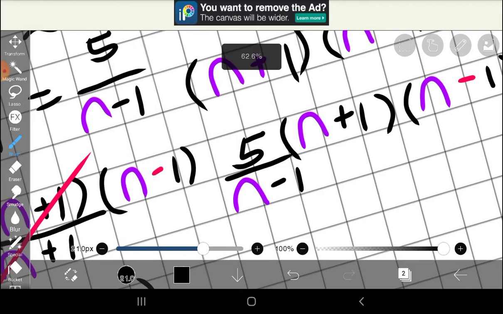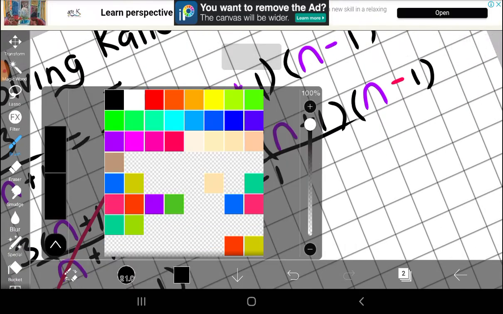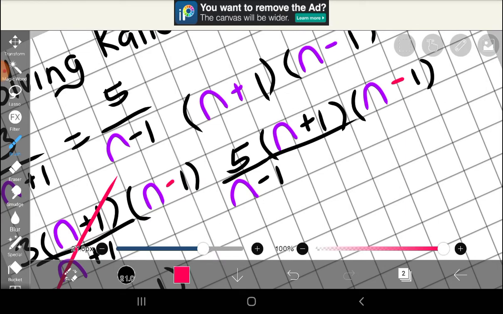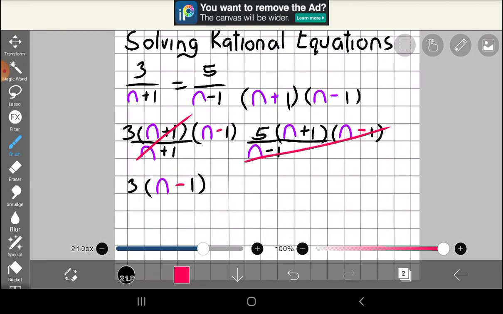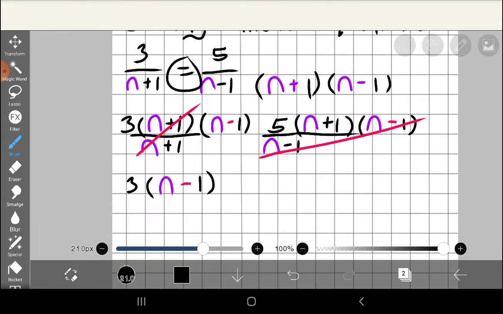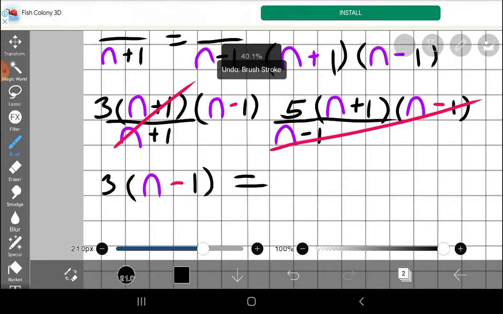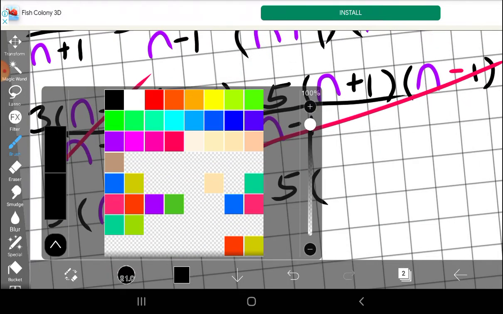As you can see, the denominator has a similar term, so we cancel out those two, and you will be left with, since there's an equal sign in here, 5 times n plus 1.